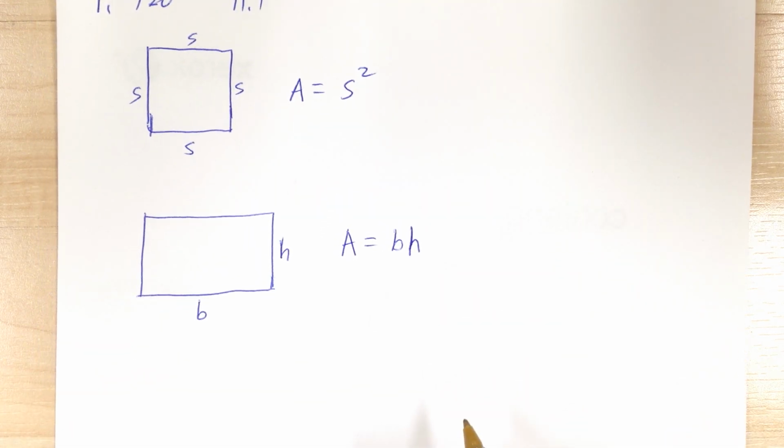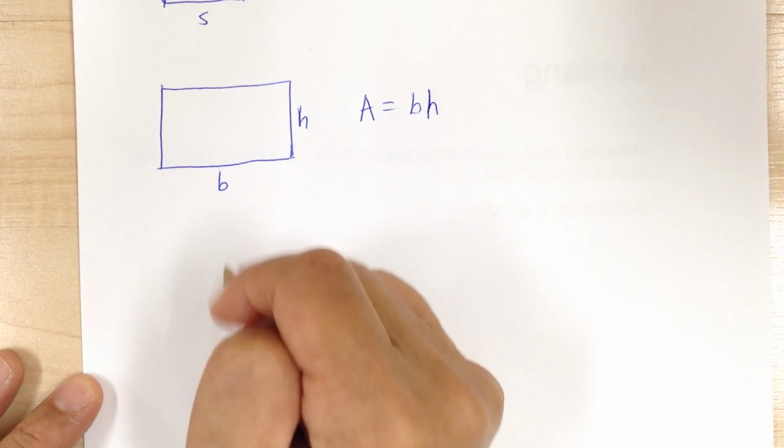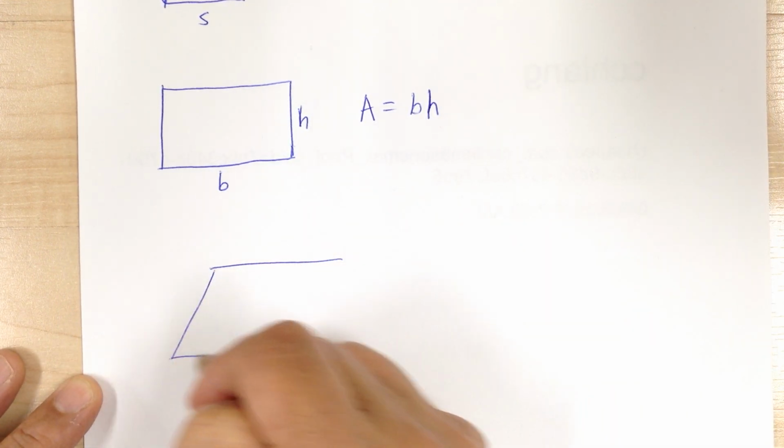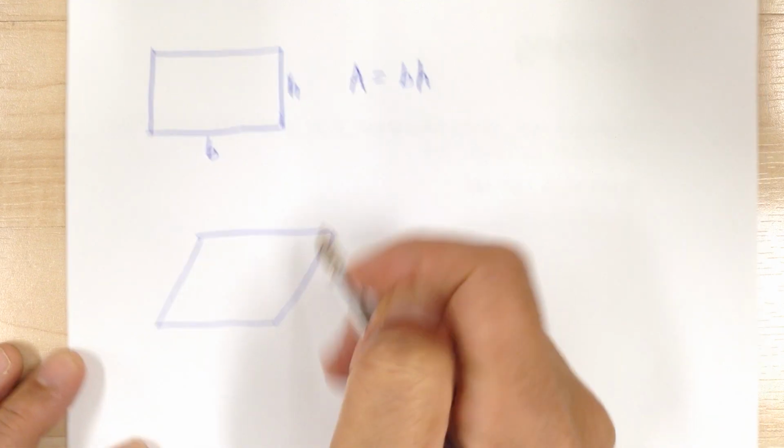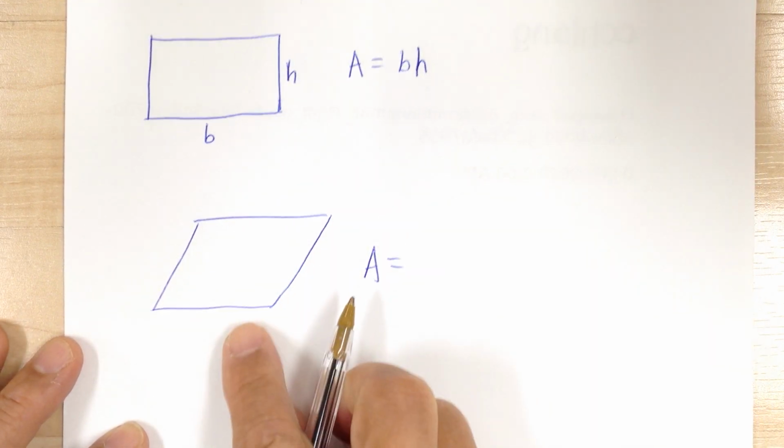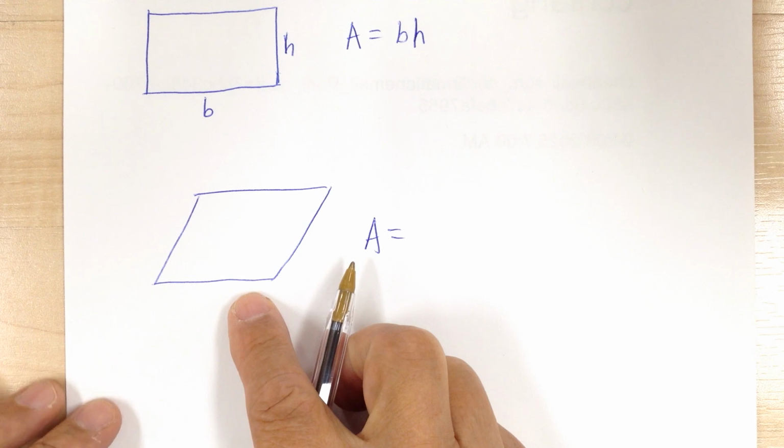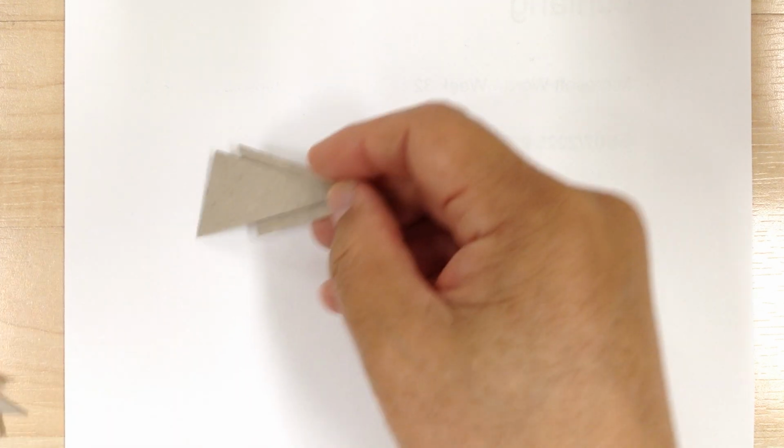Now the next thing we're going to look for is the area of the parallelogram. Okay, so what would be the formula for the area of a parallelogram? To understand that, we're going to use some shapes. Let's say you start out with a rectangle.